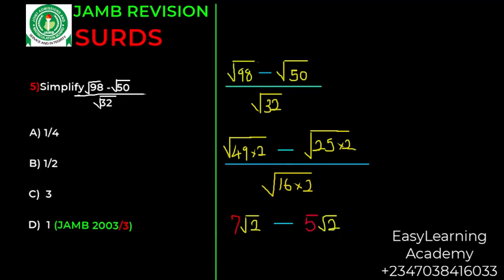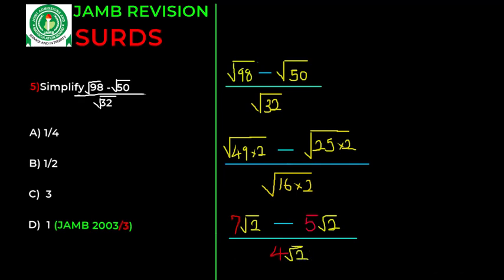All right, and you're making progress. And we're going to do the same thing for our denominator here. In the denominator, the square root of 16 is what? Square root of 16 is 4. And of course 2 doesn't have a square root, so we're just going to write it down: square root of 2.